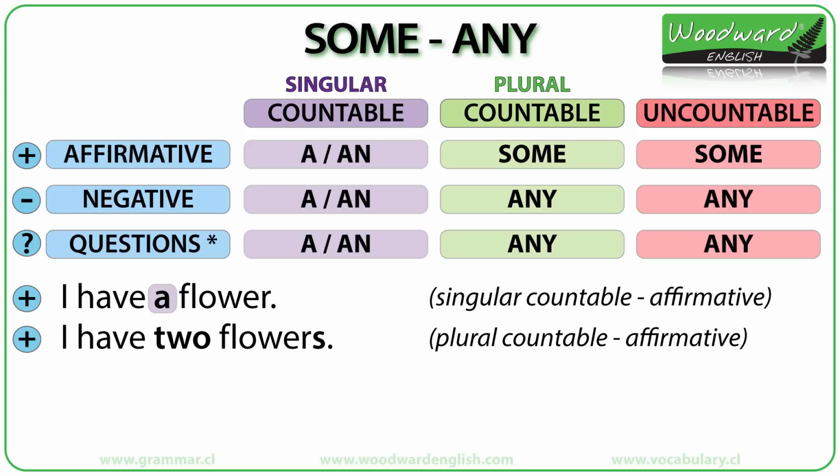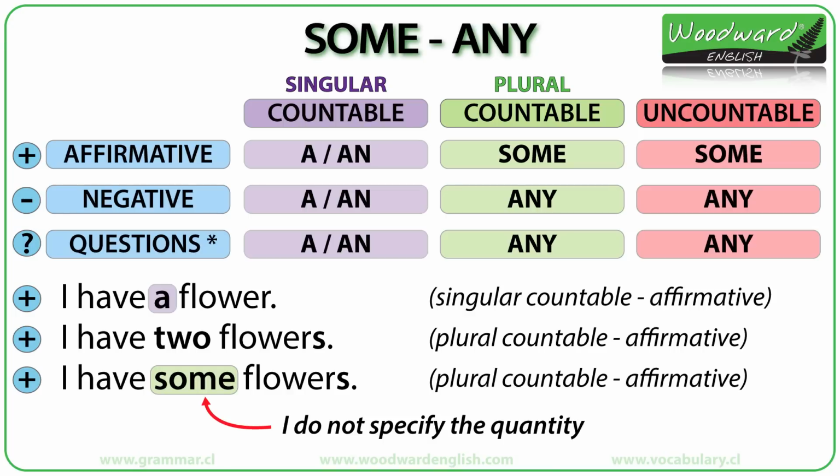The next one, I have 2 flowers. Flowers is a plural countable noun. Since flower is a countable noun, we can use a number before it. I have 2 flowers. But if we don't know the exact number, we can say, I have some flowers.